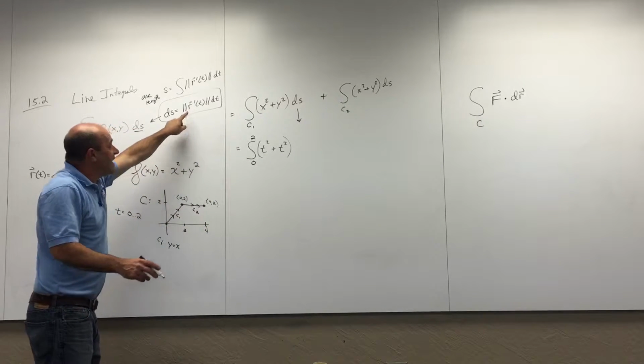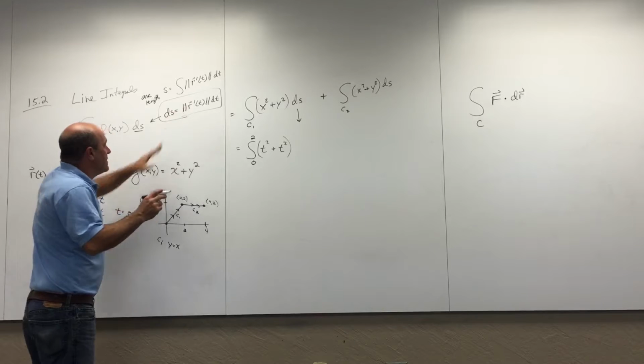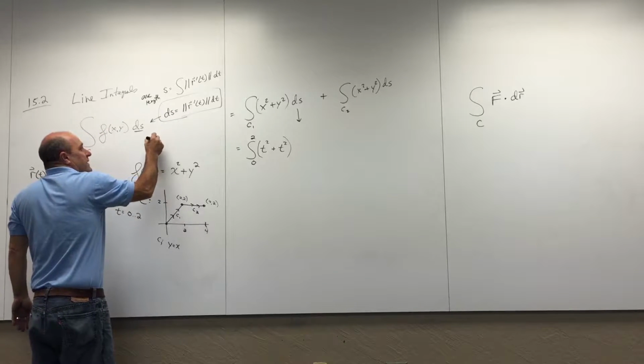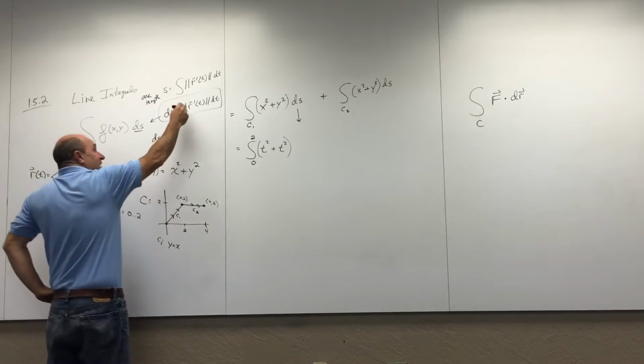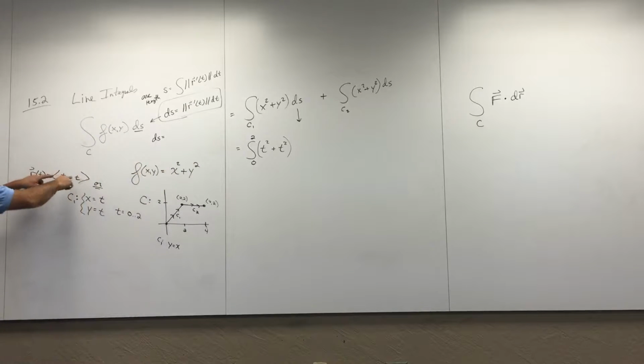Now I wrote it like that, but what does that really mean here? Let's write it a different way. It is the magnitude of r prime of t. If this is r of t, r prime would be x prime, y prime. R prime would be 1 and 1 here, but in general it would be x prime of t, y prime of t.